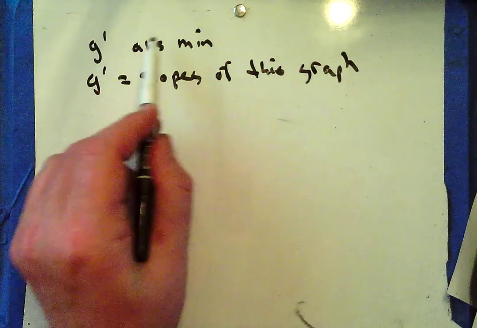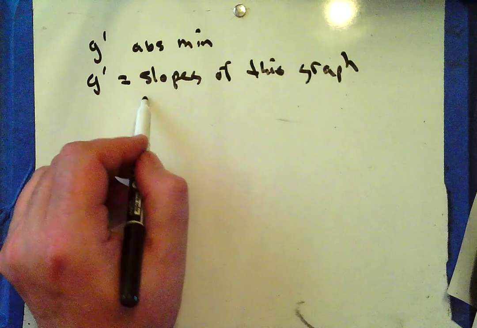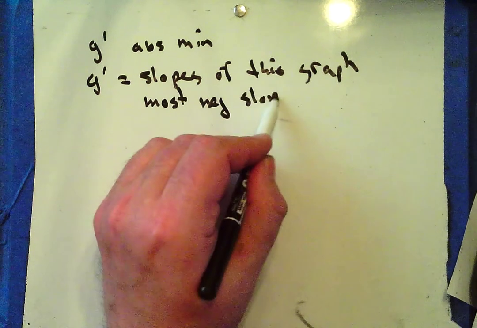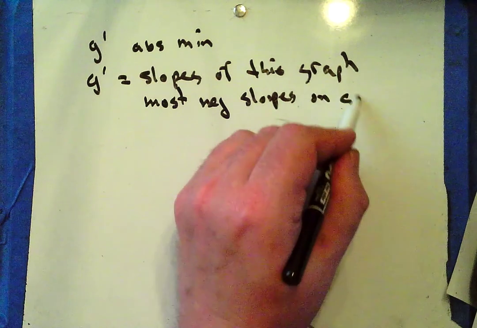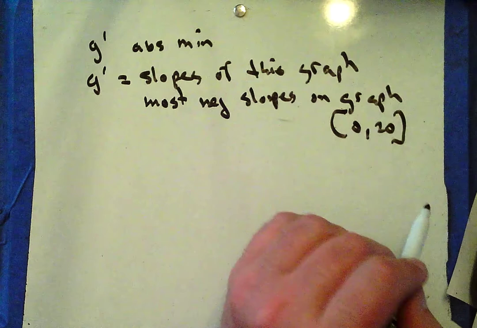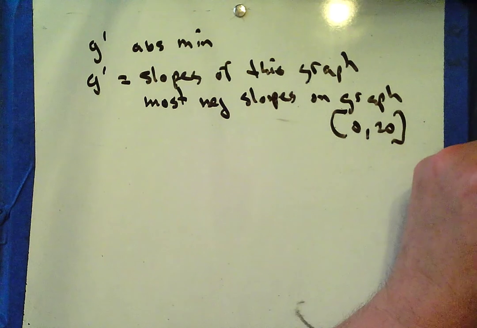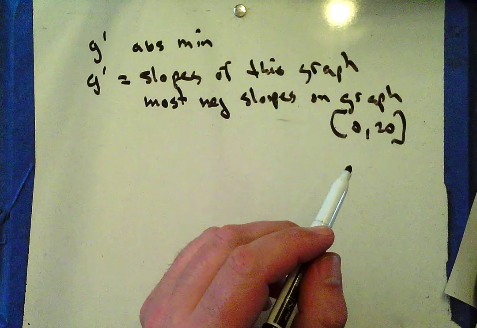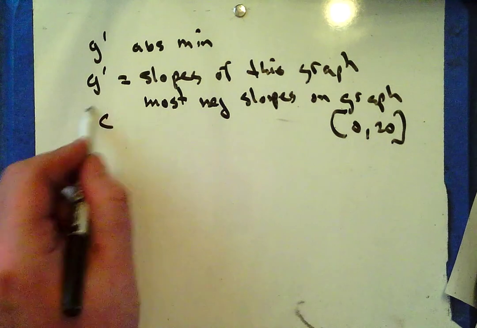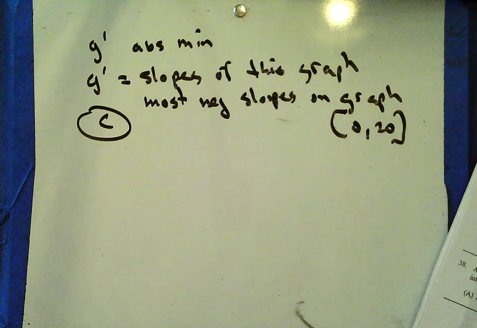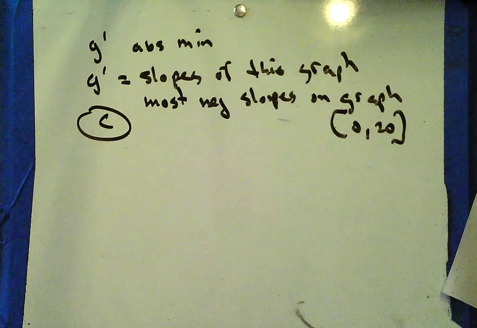And if I want G prime an absolute min, I'm looking for the most negative slopes on the graph on 0 to 20. Okay, well, they look like they're happening somewhere in between 5 and 10. And that looks like choice C, number 7. Okay, that was 38.